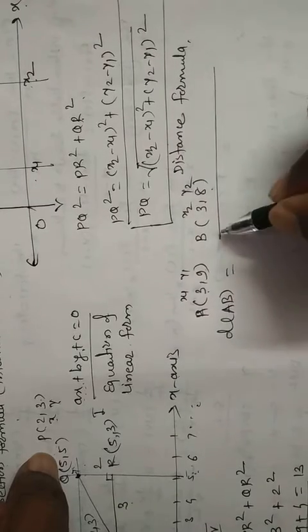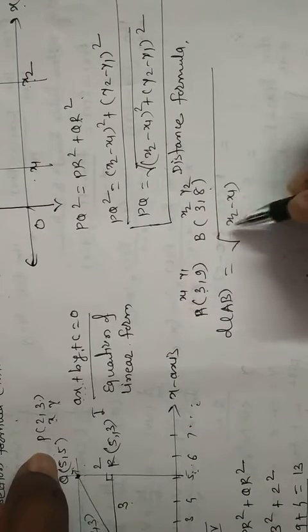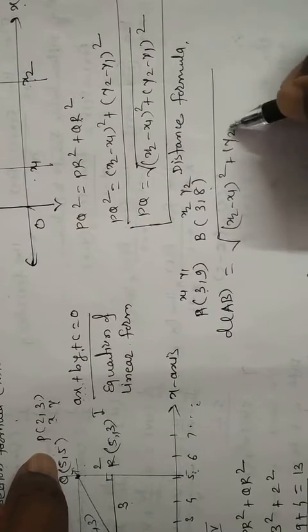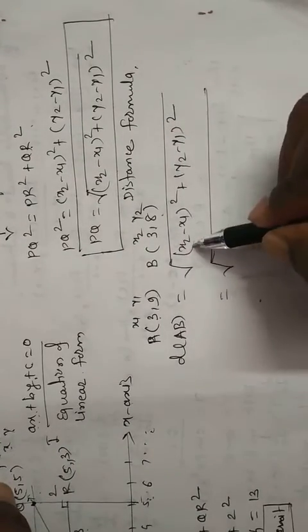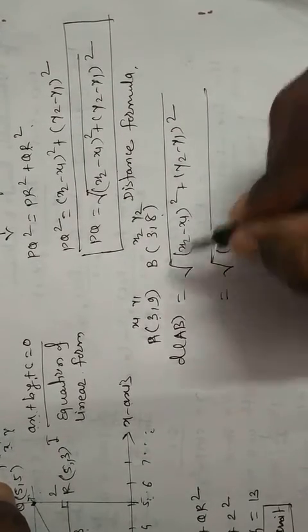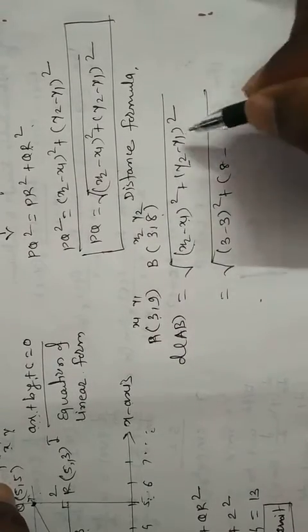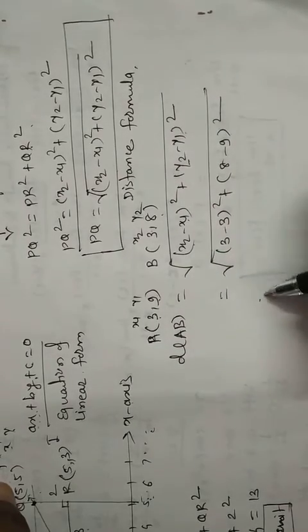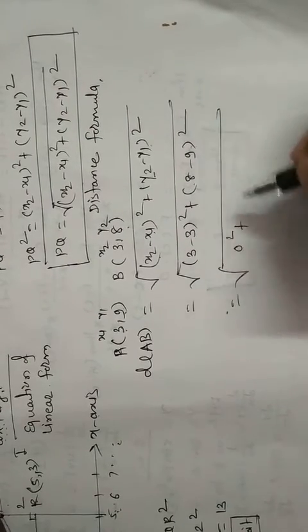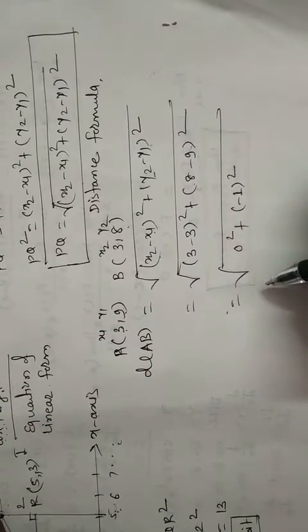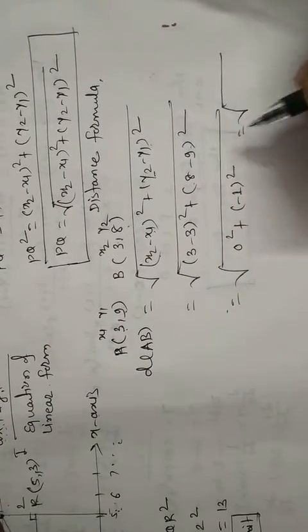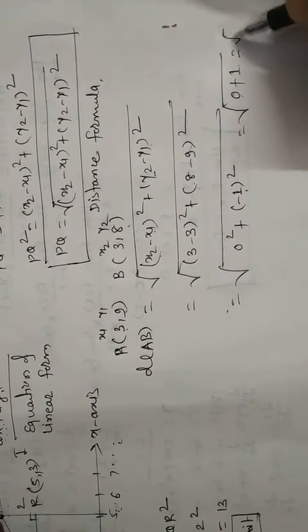Then using the distance formula, x2 minus x1 square plus y2 minus y1 square. Using it here, x2 is 3 minus x1 is 3 whole square, plus y2 is 8 minus y1 is 9 whole square. 3 minus 3 is 0, square. 8 minus 9 is minus 1, square. 0 square is 0, minus 1 square is 1, 0 plus 1, under root of 1.